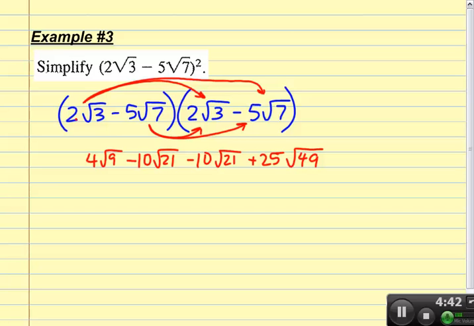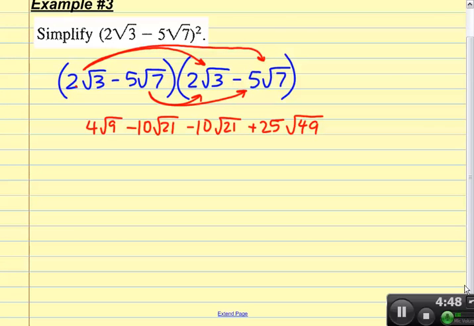Now some of you are saying, Mr. C, why are you doing that? Okay, well, the reason I'm not simplifying root 49 into 7 yet is that I want you to see that this is 4 times the square root of 9, right? That's 4 times 3, which is 12. Okay? This combines with this and gives me negative 20 root 21.